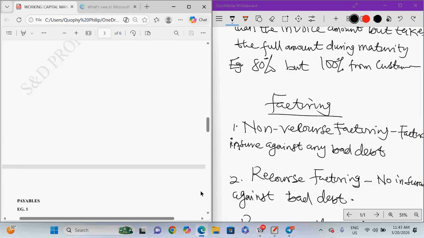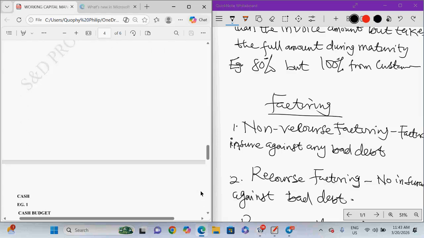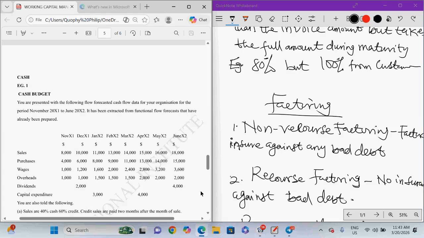So that is it for the receivables and payables. The next thing will be cash budgets, or our cash. Are you ready? Any question?